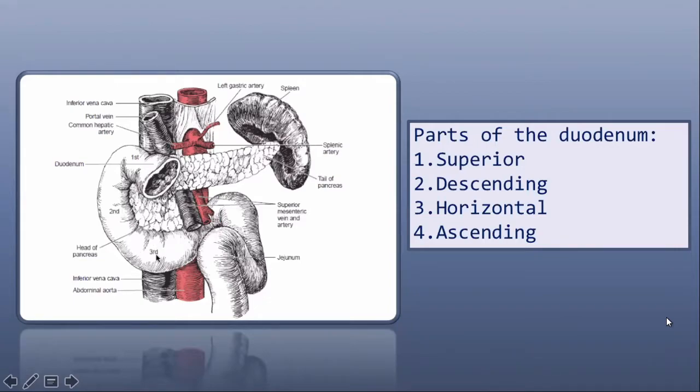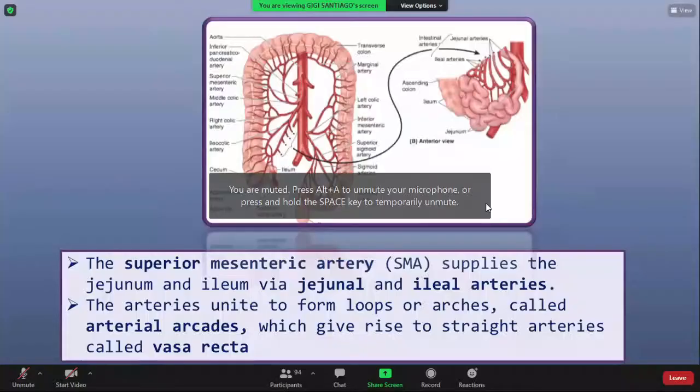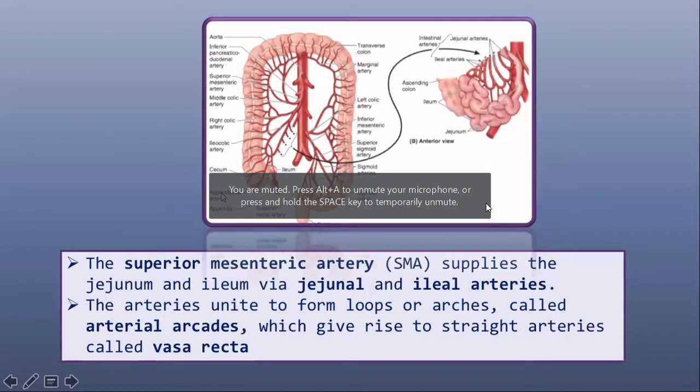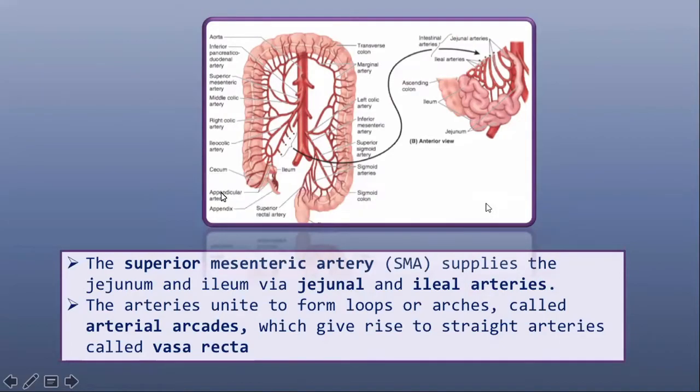And then next we have the horizontal part. Okay, so SMA. Now the blood supply of the structures here would be coming already from your SMA. No more branch from your celiac trunk. The superior mesenteric artery would give off your jejunal and ileal arteries, and these arteries would unite to form loops or arches called arterial arches.